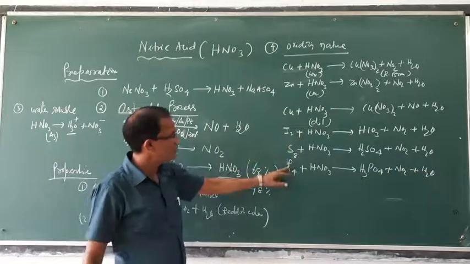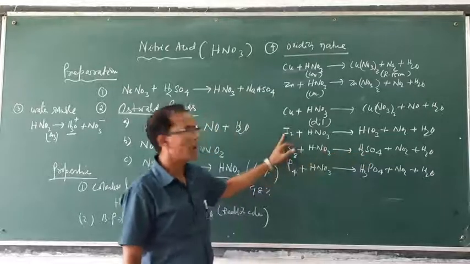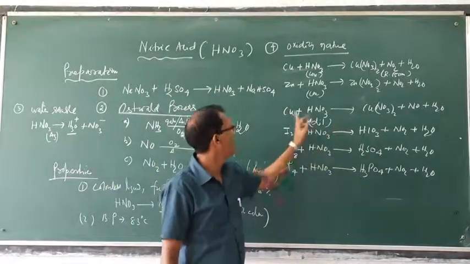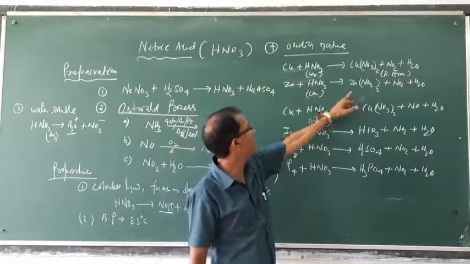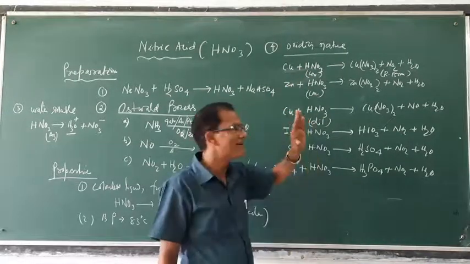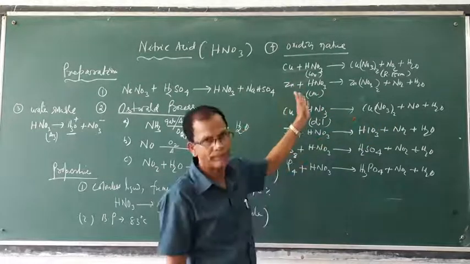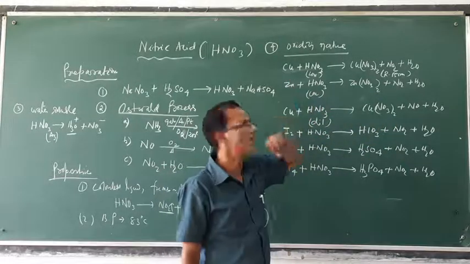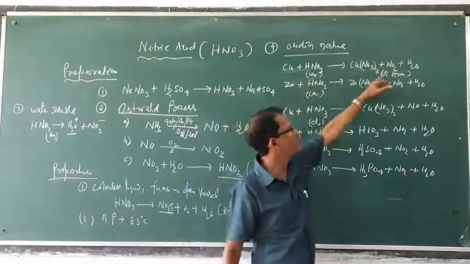It oxidizes phosphorus to phosphoric acid, sulfur to sulfuric acid, iodine to iodic acid, copper to copper nitrate, and zinc to zinc nitrate. The product of nitric acid's reaction depends upon the medium, that means the concentration. If it is highly concentrated, it produces NO2 gas.